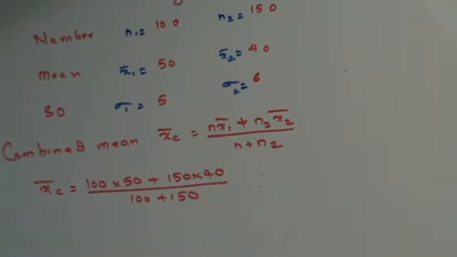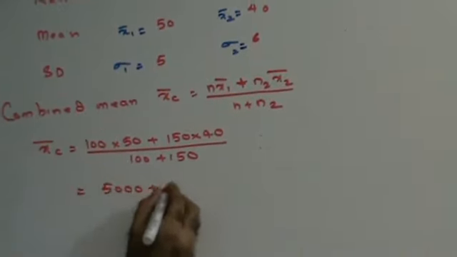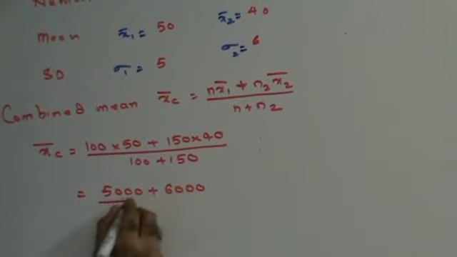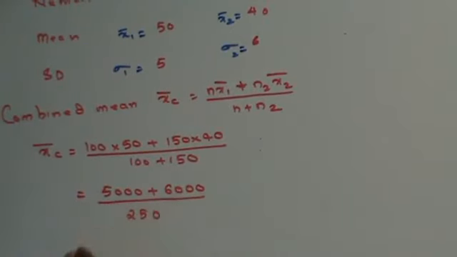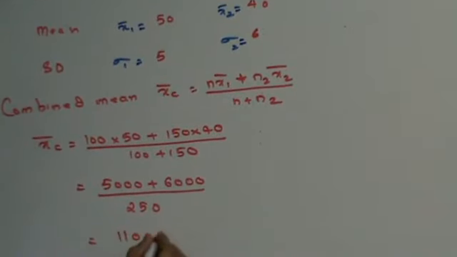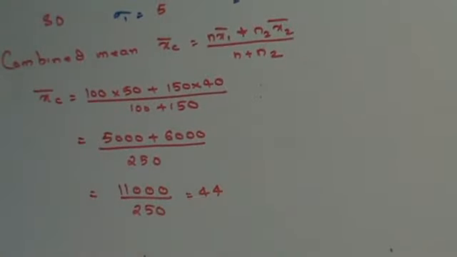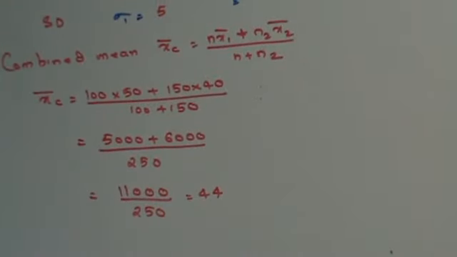When you solve this, you will get 5000 plus 6000 divided by 250. This will come to 11,000 divided by 250, which comes to 44. So your combined mean is going to be 44.